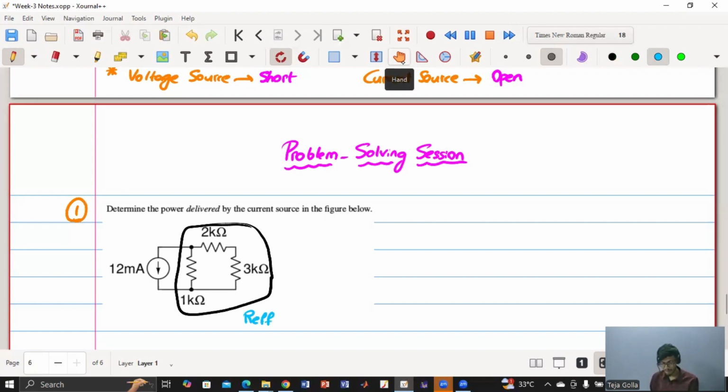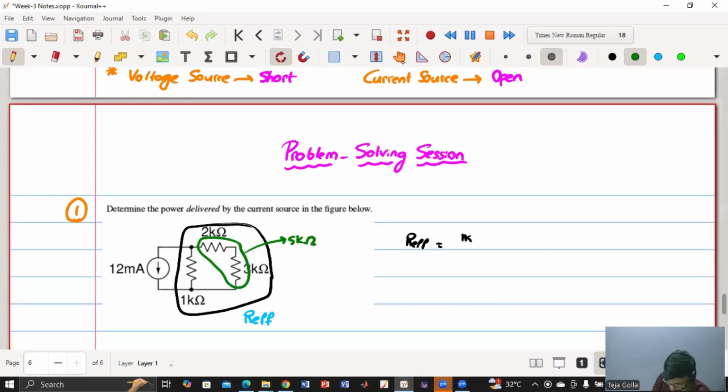Then power delivered is nothing but I square R. R effective is 1K parallel with 2 plus 6. This 2 plus 6 is nothing but 2 plus 3, which is 5 kilo ohms. So 1K and 5K are in parallel. So we have 1K into 5K by 1K plus 5K, which is 5 by 6 K.